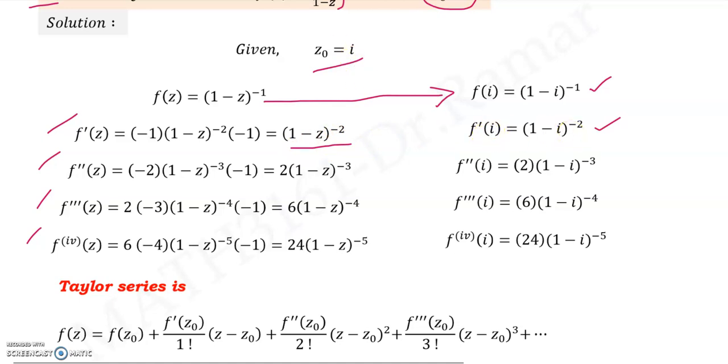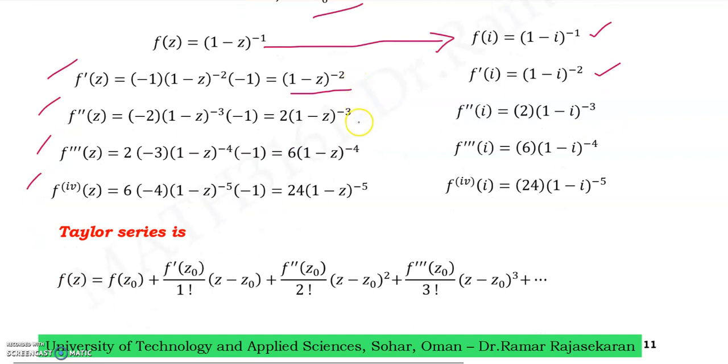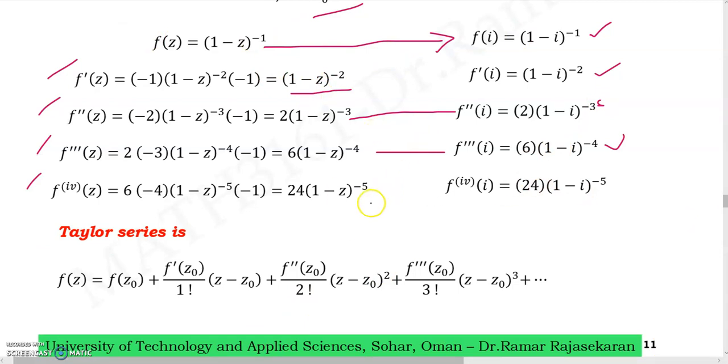Similarly, this is the second derivative of the function. What is the second derivative at i? Yes, this. Third derivative at i, here I am finding. Now, what is the fourth derivative? We know the fourth derivative, and the fourth derivative at i, I found this.